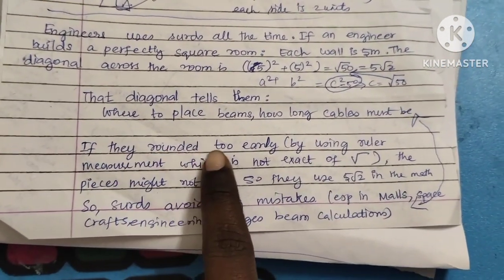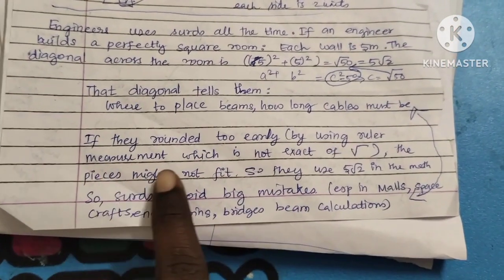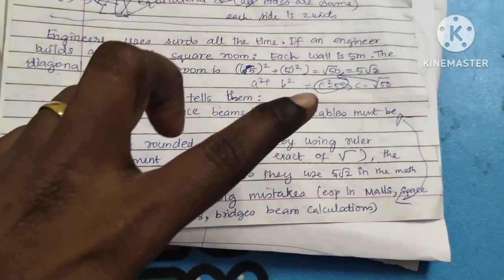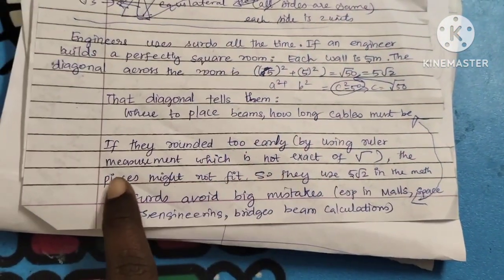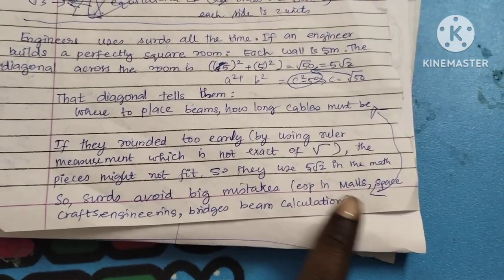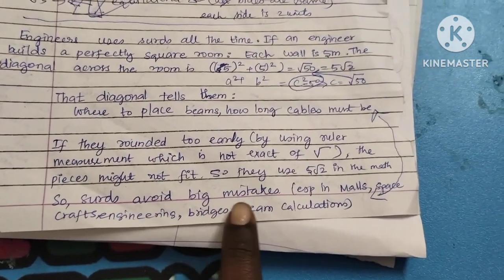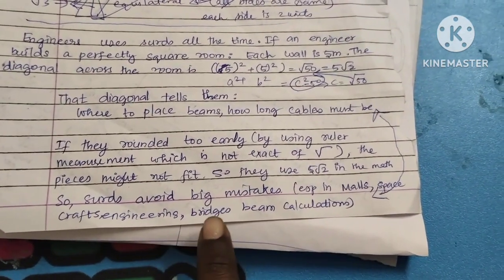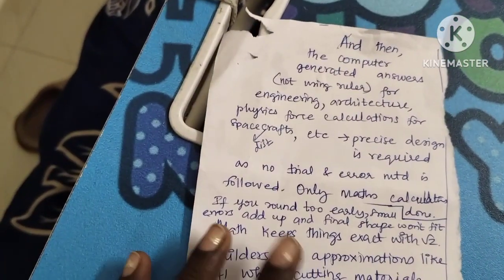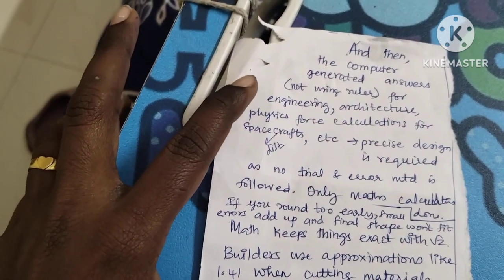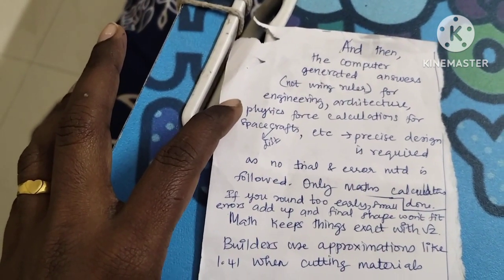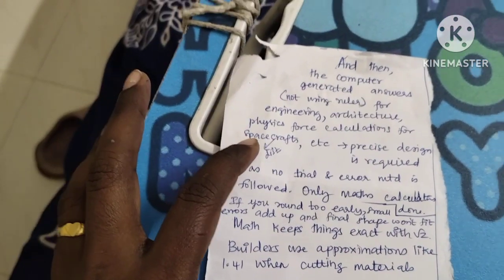If they rounded too early by using the ruler measurement, which is not the exact square root, it is not going to give the exact diagonal length, and the pieces might not fit, so they use 5 square root of 2 in the maths way. So surds avoid big mistakes, especially in malls, bridge beam calculations and spacecraft engineering. Also in computer generated answers, they are not using rulers for engineering, architecture and the physics force calculations for spacecraft.